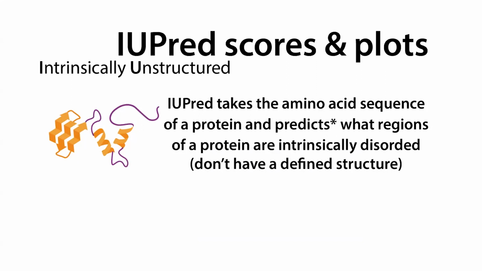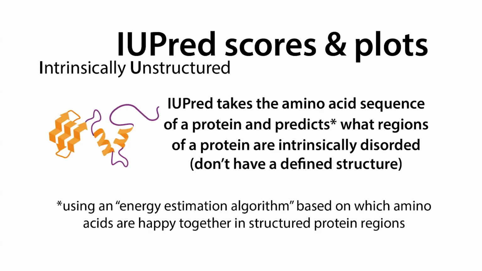So what IUPred does is it takes the amino acid sequence of a protein, and then it predicts what regions of the protein are going to be intrinsically disordered or not have a defined structure. How it's actually going to do this is all mathematically technical, but it uses something called an energy estimation algorithm.